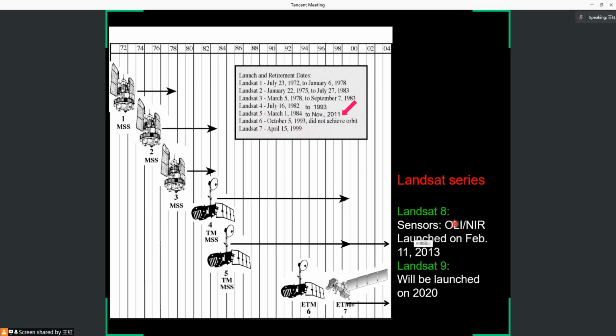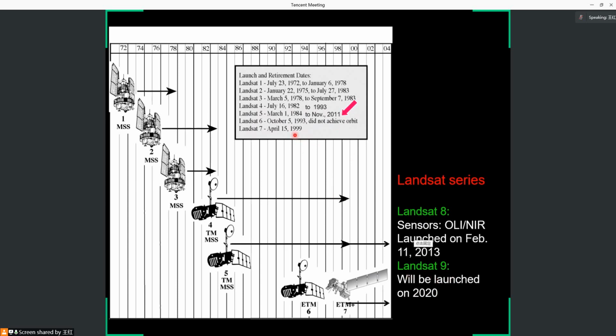Landsat 9 will be launched only at the end of 2020, but today it has not launched. I don't have any information about it. Maybe it is delayed. When will it be launched? I don't know.